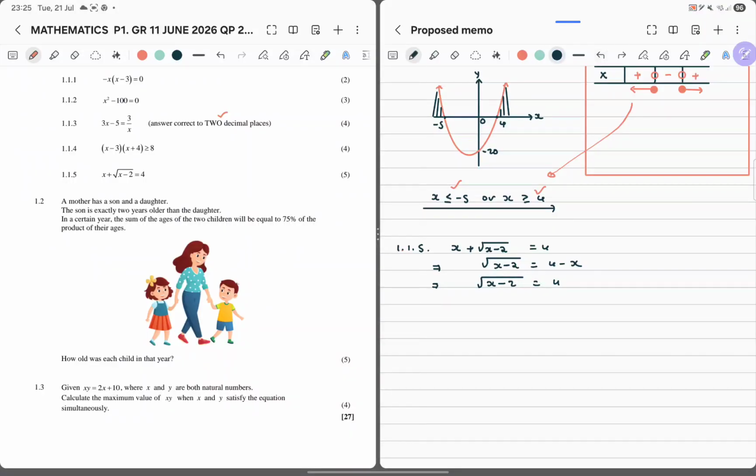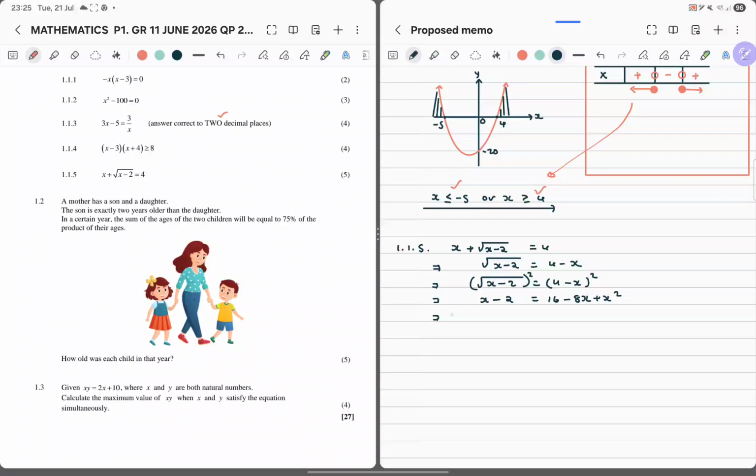So we do it in the next step. This is when we will do inverse operations to try and get rid of the square root. So this gives us x minus 2 equals, this is going to be 16, minus 4 times this is minus 4x by 2 is going to be minus 8x plus x squared.